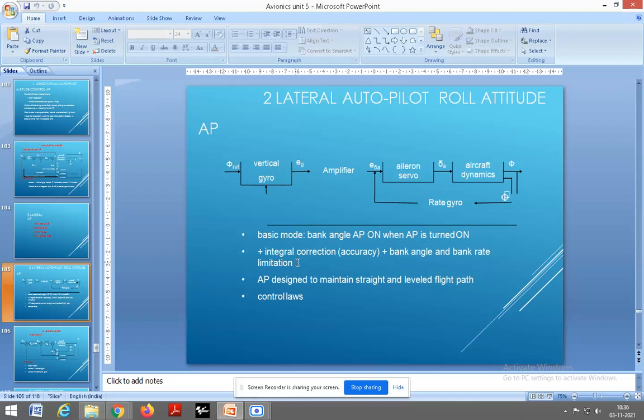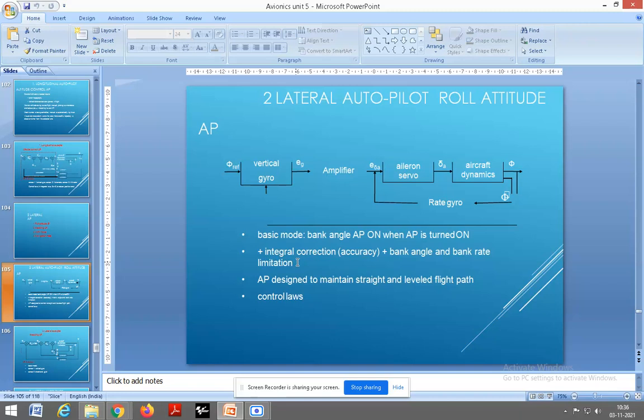Integral correction gives the accurate measurement, which is why accuracy is given in the bracket. The autopilot is designed to maintain a straight and level flight path. Basically the autopilot system is designed for maintaining the path of your flight in a straight and level manner.